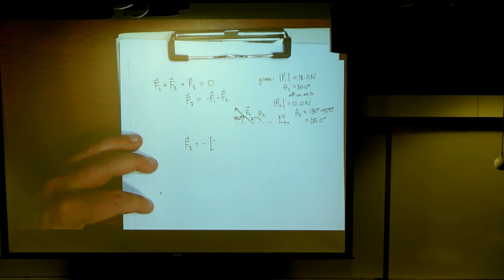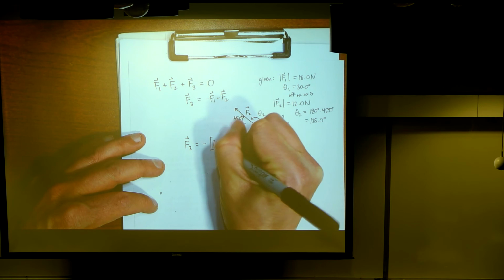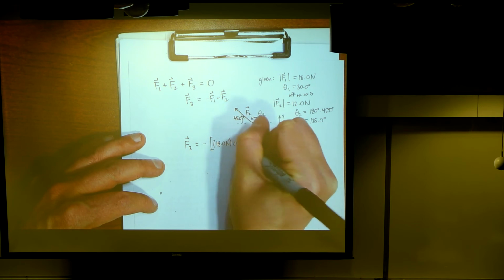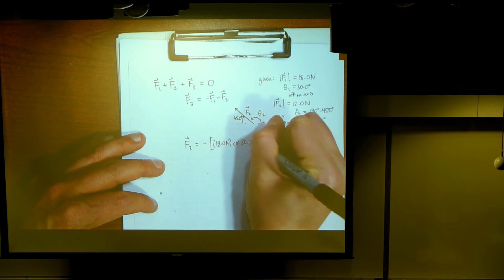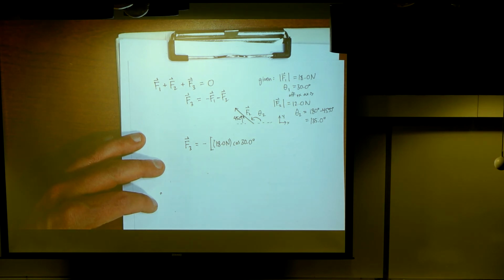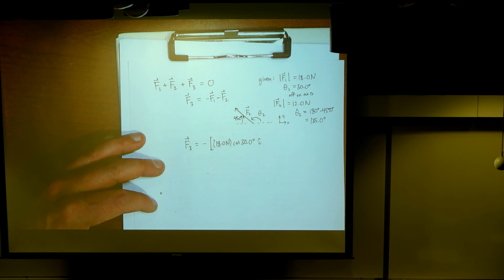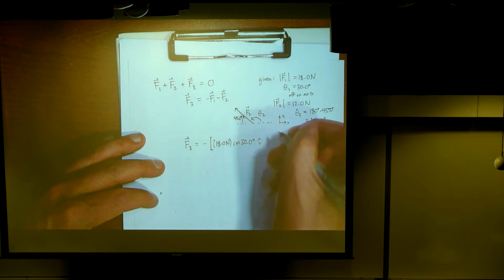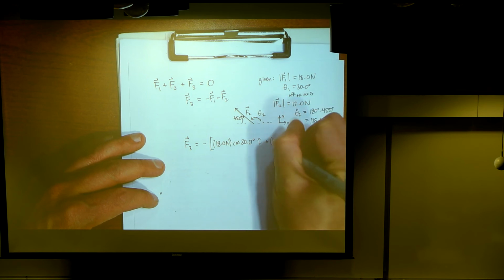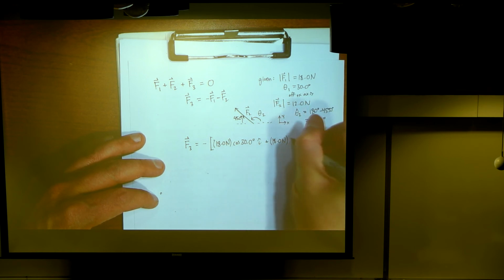For the x component, I have 18 newtons times cosine of 30 degrees. That's the x component of that first vector. Then I'll write an i hat unit vector, so we know I'm talking about the x component. And then I'll write the y component, which is 18 newtons sine of 30 degrees, j hat.